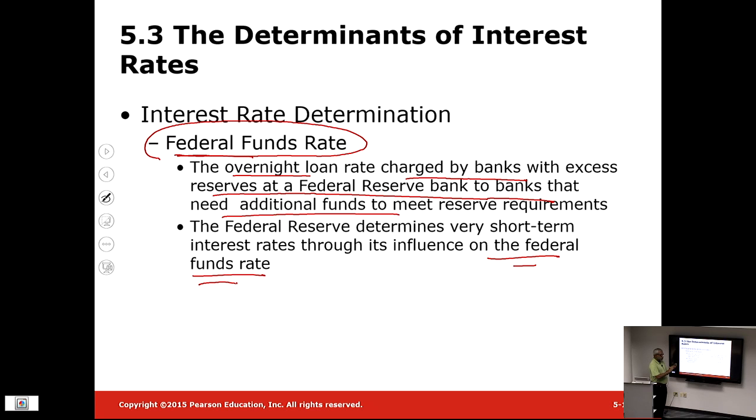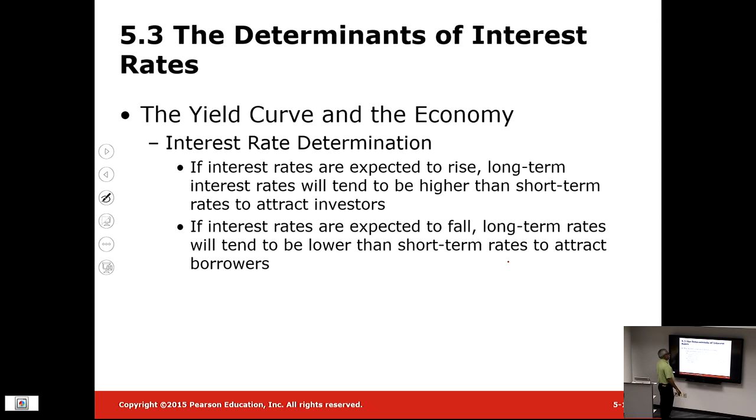It is between two large institutions, and it is over a very short period of time, just overnight. So it is virtually risk-free, and thus it is the minimum benchmark, and from that interest rates are determined. So if the federal funds rate goes up, long interest rates will go up. When the federal funds rate falls, interest rates will fall.